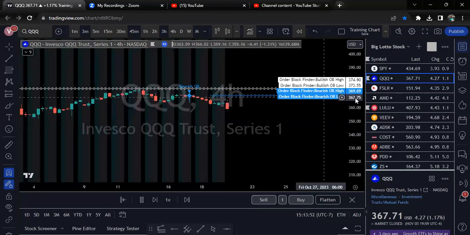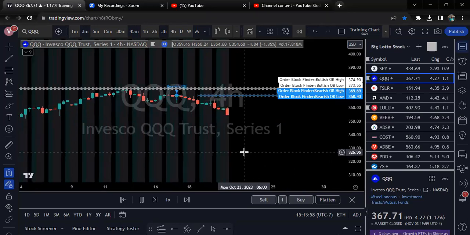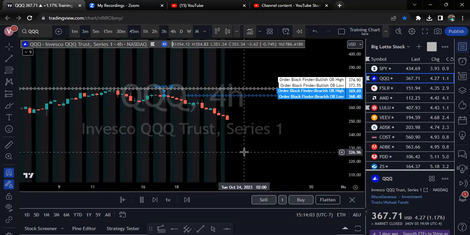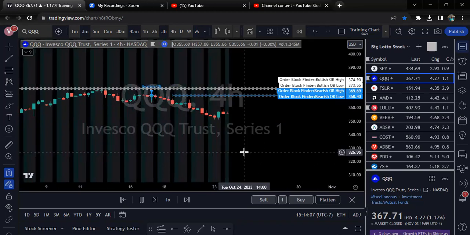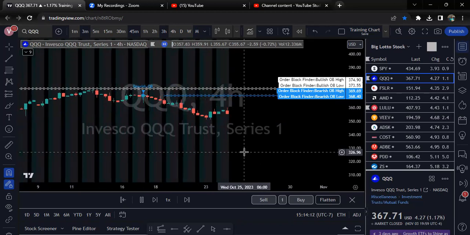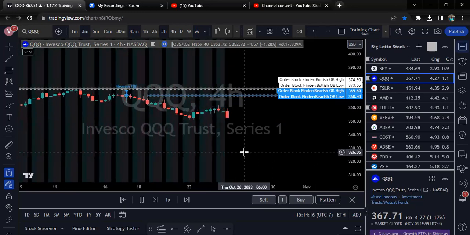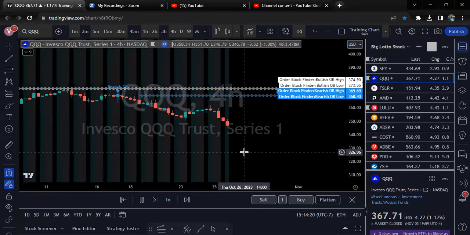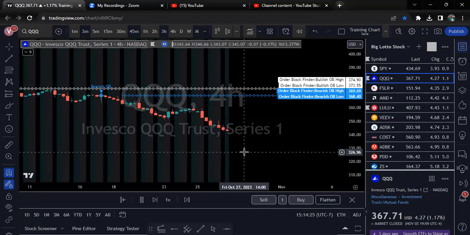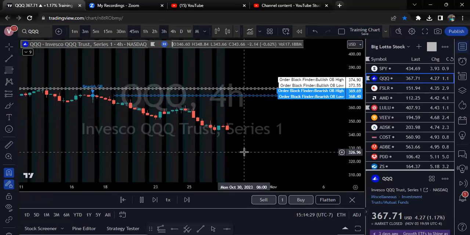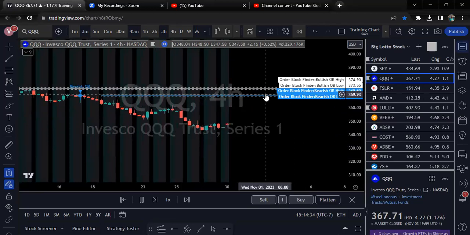We went down, we had a bearish order block, we came down. So it means if this stock is done going down, it will come back to the same order blocks.